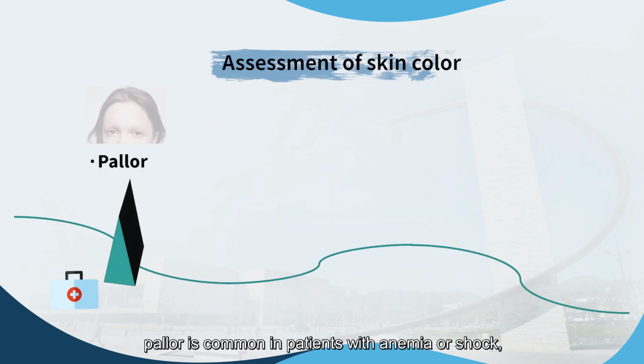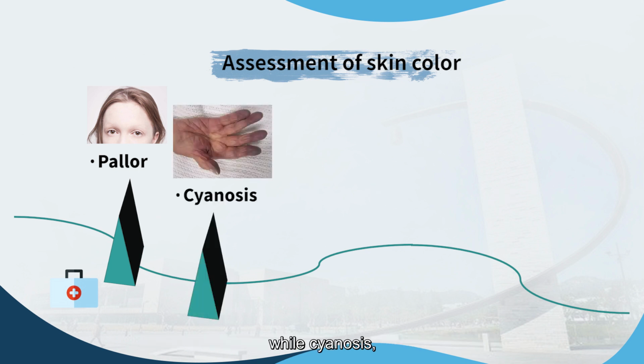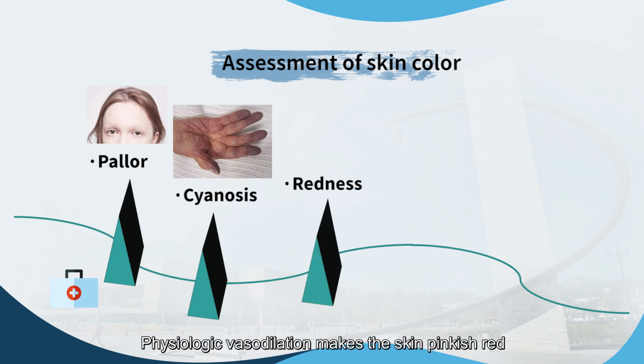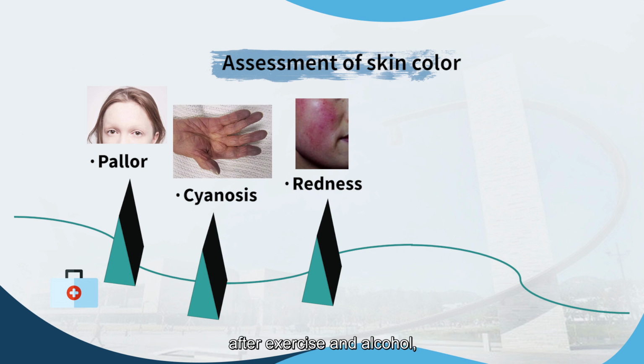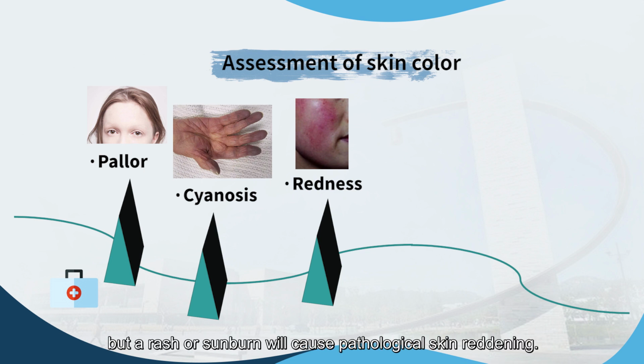First, pallor is common in patients with anemia or shock, while cyanosis, a bluish discoloration of the skin and mucous membranes, is a sign of low oxygen in the blood. Physiologic vasodilation makes the skin pinkish red after exercise and alcohol, but a rash or sunburn will cause pathological skin reddening.